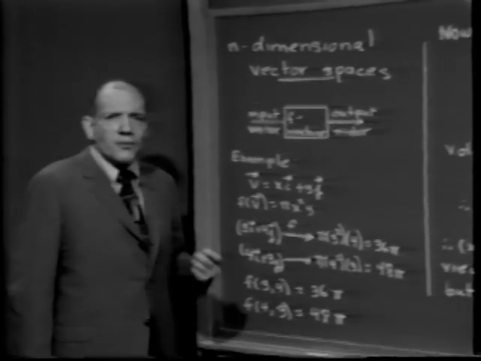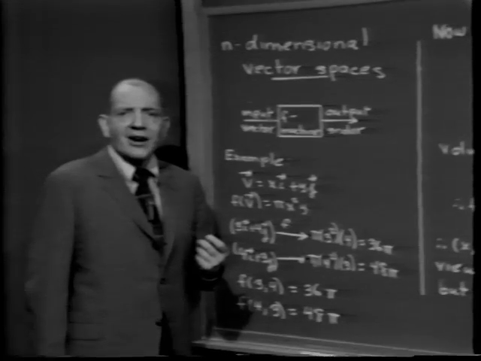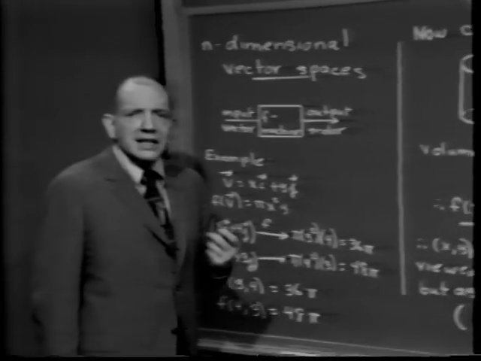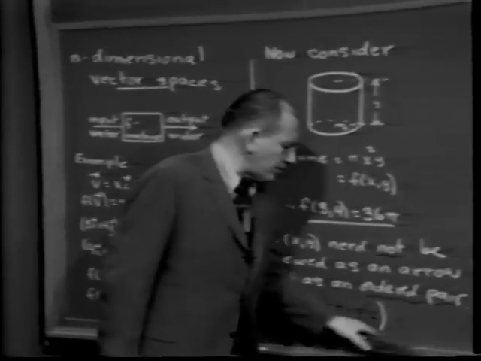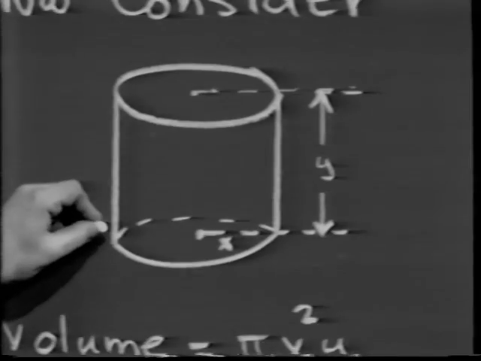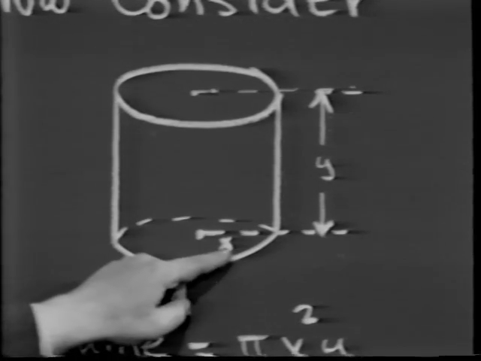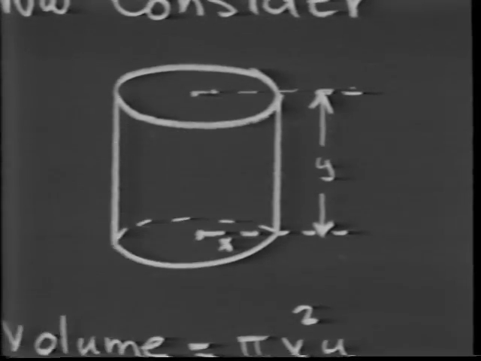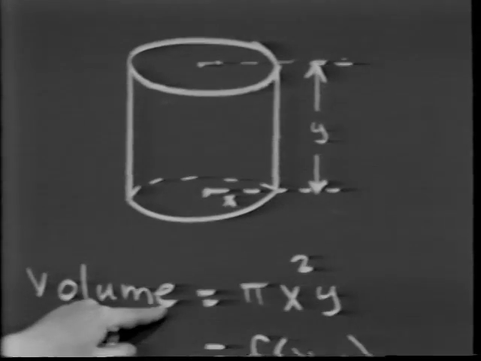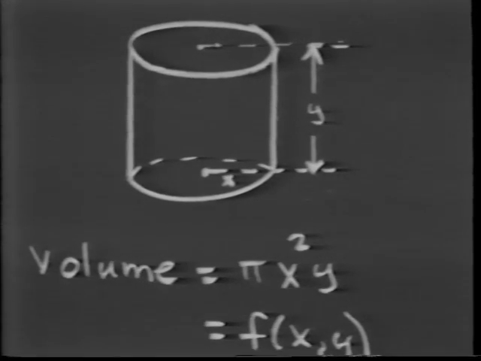Hopefully, so far so good, and let's now tackle a completely different problem. Let's consider the right circular cylinder, the radius of whose base is x and whose height is y. Notice that the volume of this cylinder is pi x squared y.